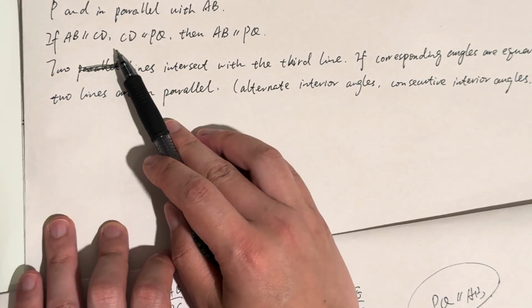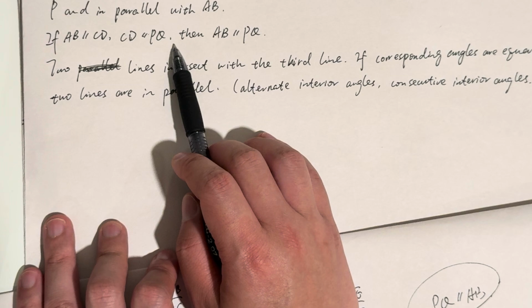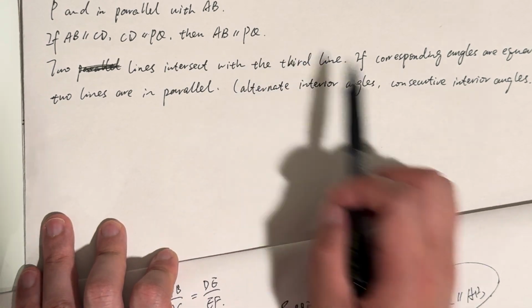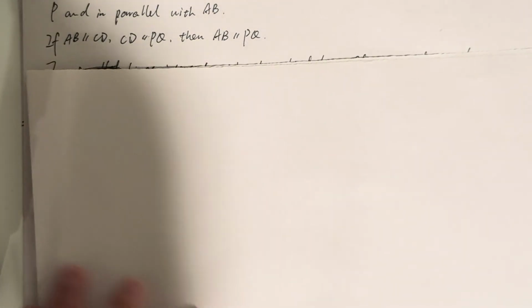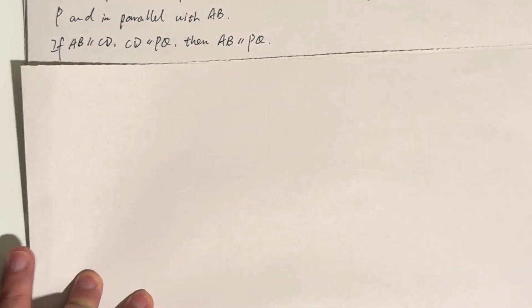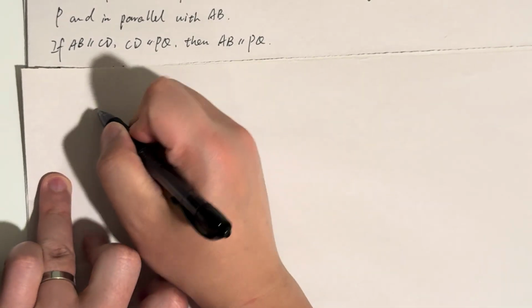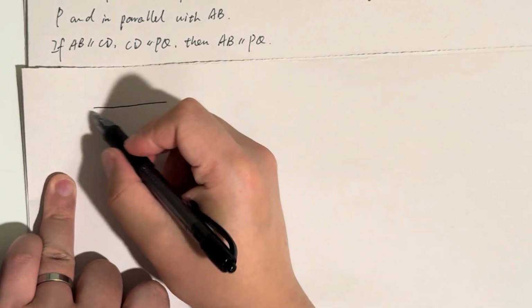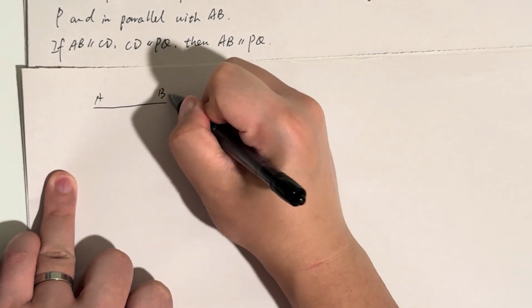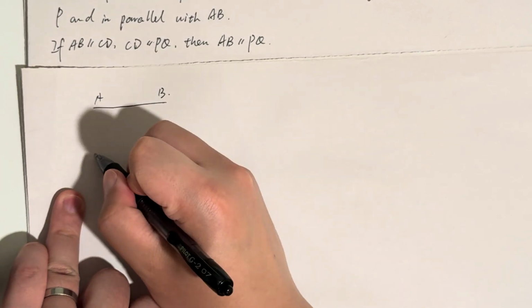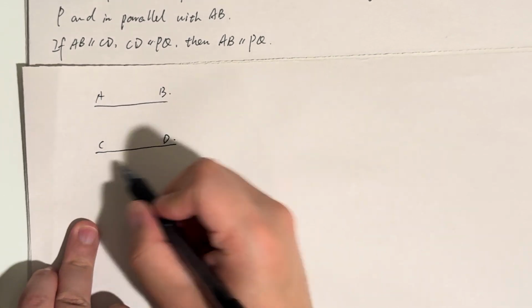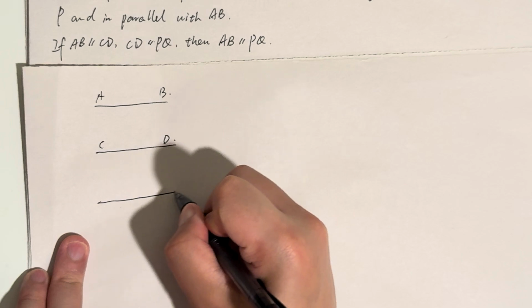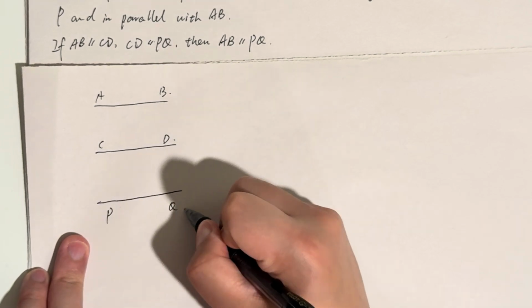that's this property, right? Let's talk about the next one. If AB is parallel to CD, and CD is parallel to PQ, then AB is parallel to PQ. So basically we have line AB here, and we know that AB is parallel to CD. And we also know that CD is parallel to PQ.